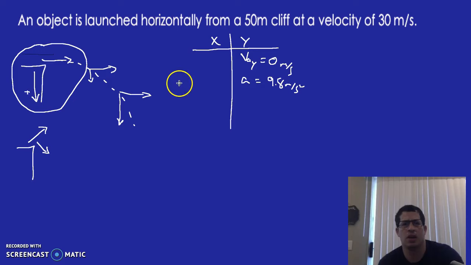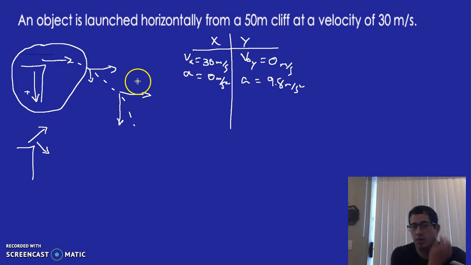And then on the x side of things, we said this was launched at a speed of 30 meters per second. So we're going to say that Vx is equal to 30 meters per second. And this is the only thing we're going to put here. The reason why is that acceleration for x is going to be equal to 0, because there's nothing accelerating it this way.